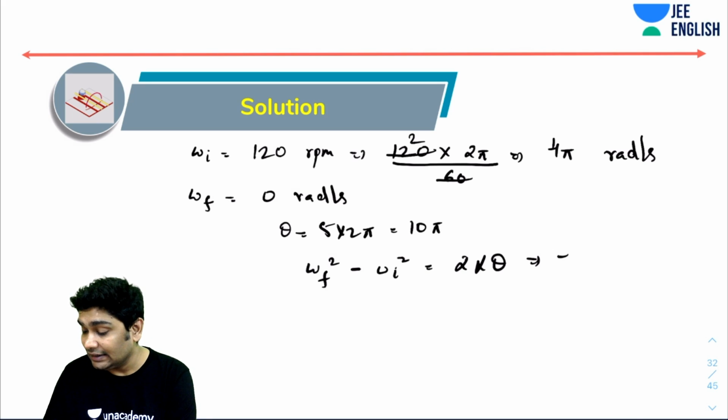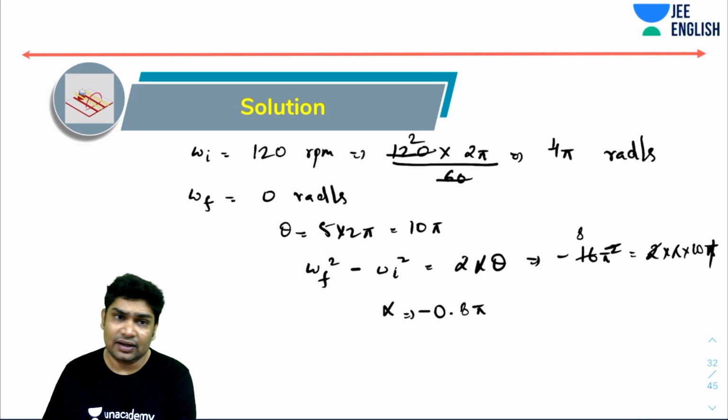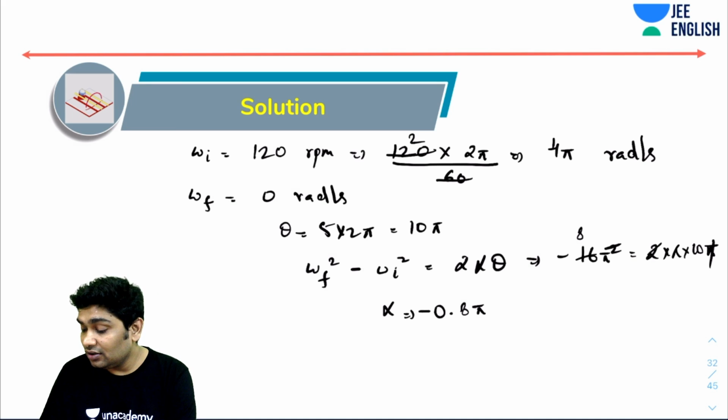I will get minus 16 pi square equals 2 times alpha into 10 pi. This cancels, this gets cancelled. So alpha I am getting as minus 0.8 pi, which is telling me that this is a retardation, a retarding angular acceleration, radian per second square.